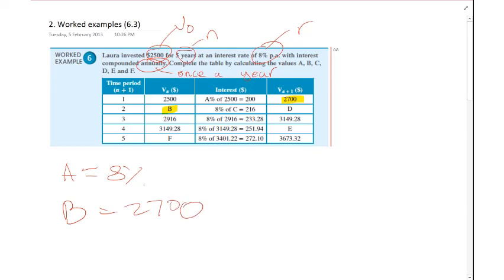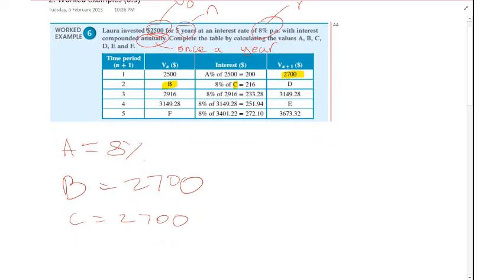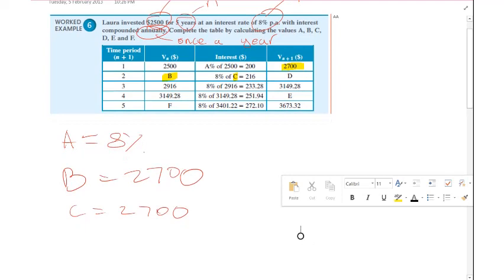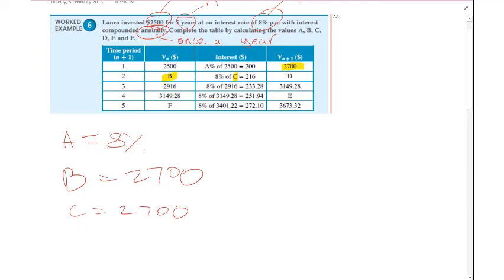C, we've got 8% of 2,700, because remember, it's doing a percentage of what you get here. So that is the same. So guess what C is going to be equal to? 2,700. D, so I've gone 8% of C, so 8% of 2,700 is 216.